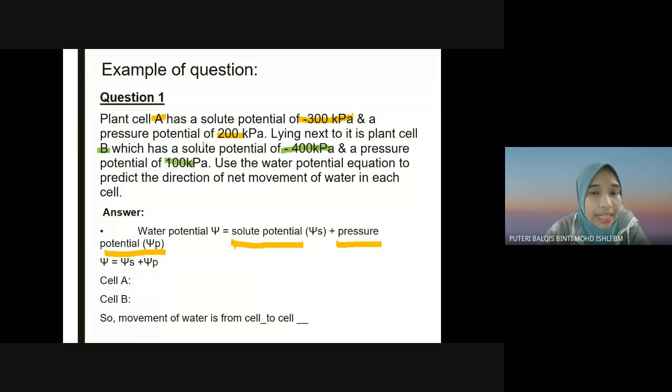So predict the direction of net movement of water. Dia suruh awak bagi tahu air akan bergerak dari mana ke mana. So first you need to find the value of water potential for cell A and cell B. So kalau awak kira, what is the water potential for cell A?